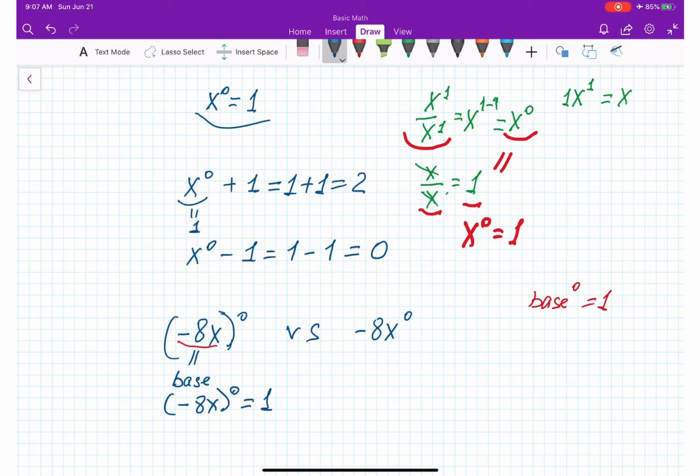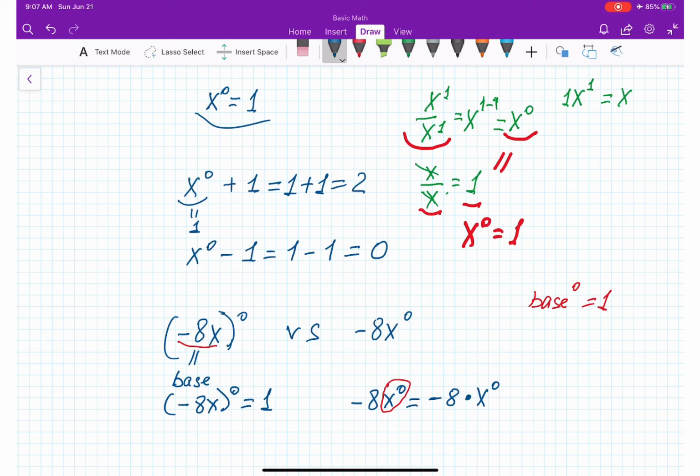Now let's look into this case. Negative 8 times x to power 0. So that means in this case we are going to have negative 8 times x to power 0, because there are no parentheses. So this power 0 belongs to base x only.